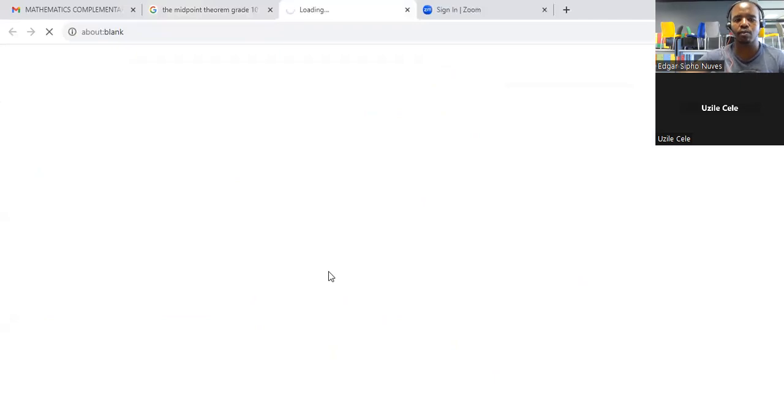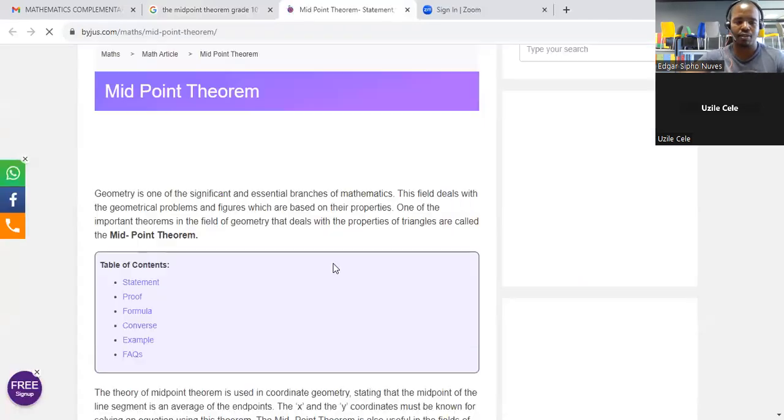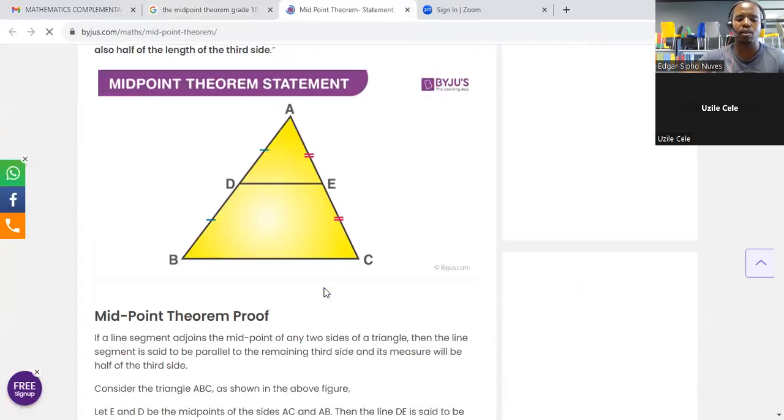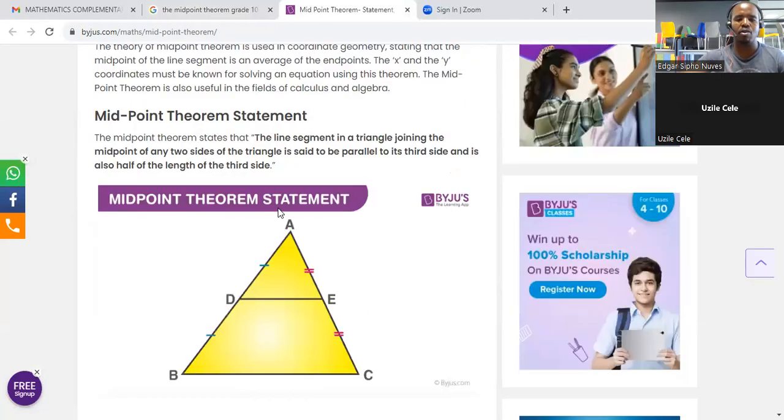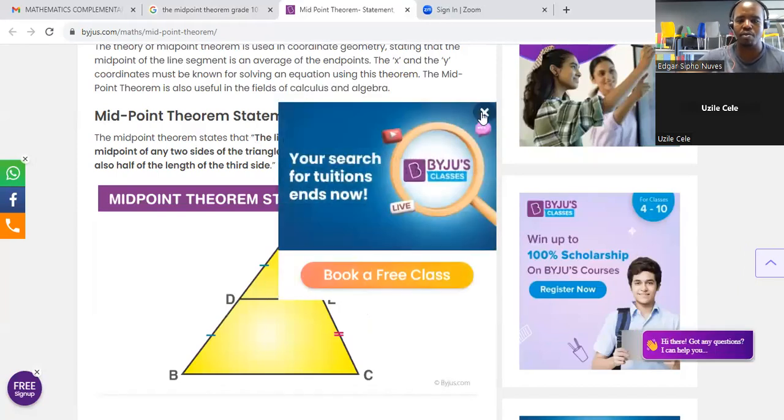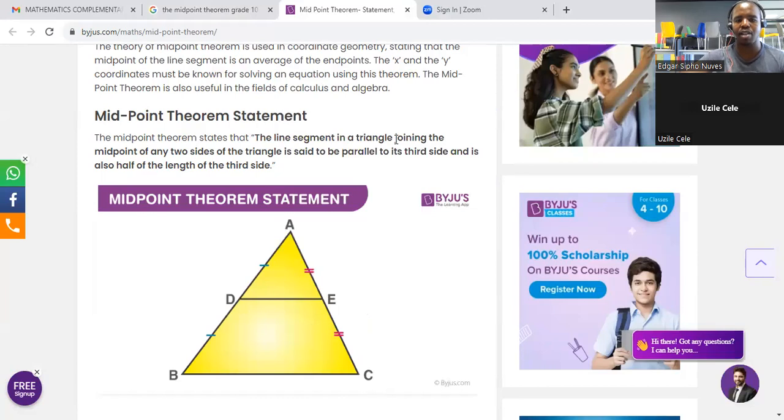So the midpoint theorem is like this. If you have a triangle, let's look at the statement. I want us to look at both the statement and the picture. The midpoint theorem states that the line segment in a triangle, so say we started with triangle ABC, the big triangle. Can you see that? Yes.